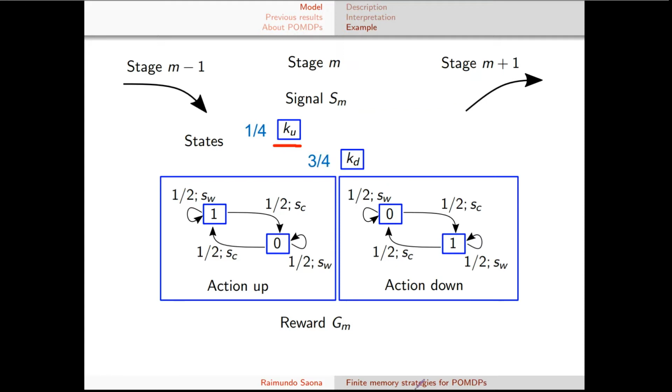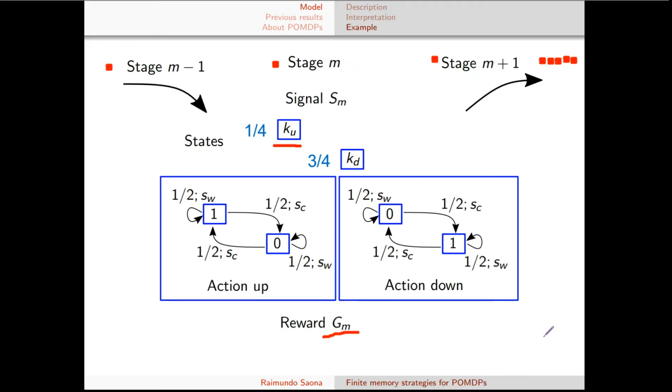Then, playing any strategy yields a sequence of random rewards. To aggregate this sequence of random rewards, we use a long-run average objective. In many of the applications of POMDPs, the duration of the game is huge. Thus, considerable attention has been devoted to the study of POMDPs with infinite duration.